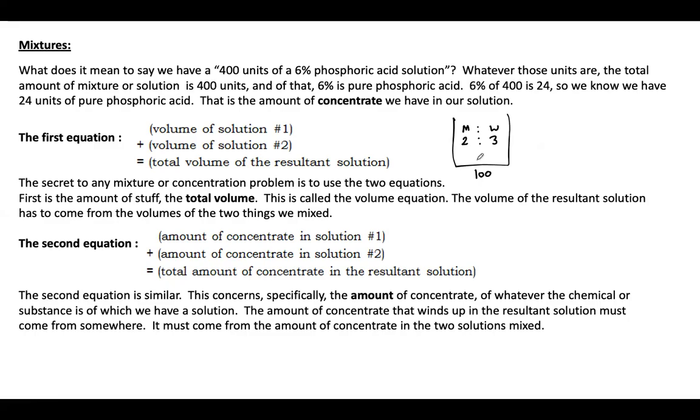It's 40%. 2 upon 5, or if milk is 2 parts, water is 3 parts, so the total is 5. And this is 100. So how can I make this total as 100? I can multiply by 20. So milk is 40 out of 100. So 40 by 100 is 40%. Similarly, water would be 60%.